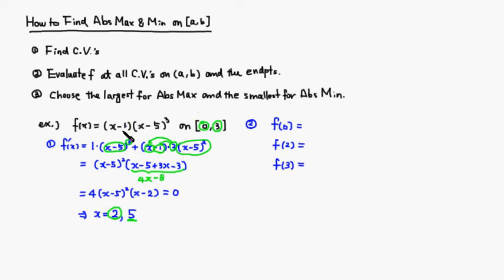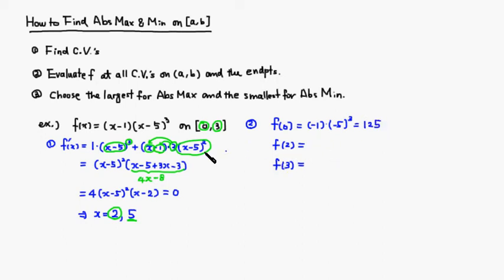Plug in 0. Here 0 minus 1 is negative 1, so it's negative 1 times 0 minus 5 cubed. So negative 5 cubed is going to be negative 125 and times negative 1, so it's going to be positive 125.